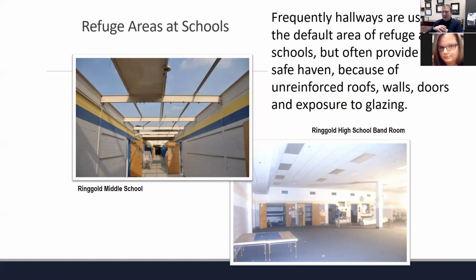It did cause us to reevaluate some of the things that we're telling people. In some cases, you're better off to be under your desk than out in the hallway. It just depends on the construction of your school and the construction of your major building. This school was built, if I'm not mistaken, in the early 1970s, and there was really no construction standard at that time designed to help deal with and prepare for tornadoes.